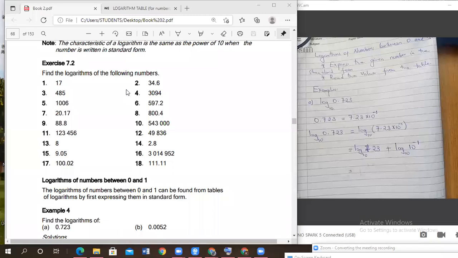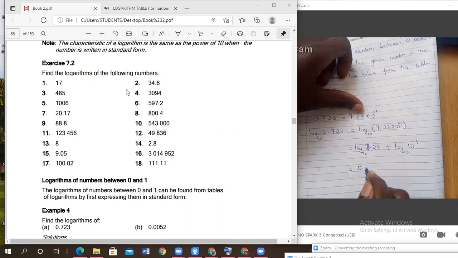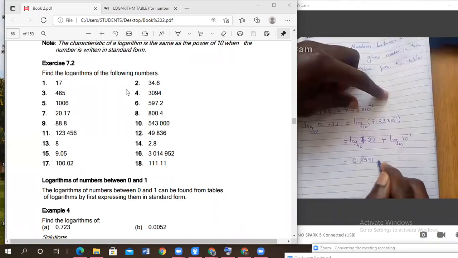What do you get? You get 0.8591 plus negative 1.